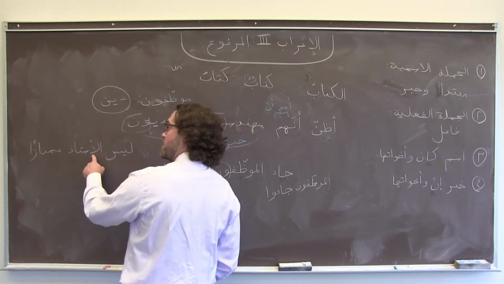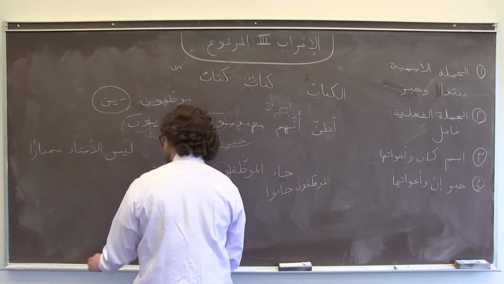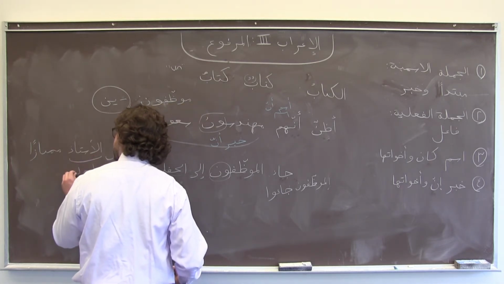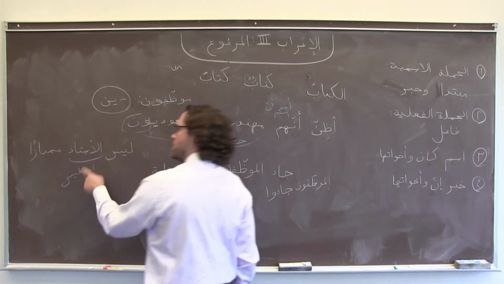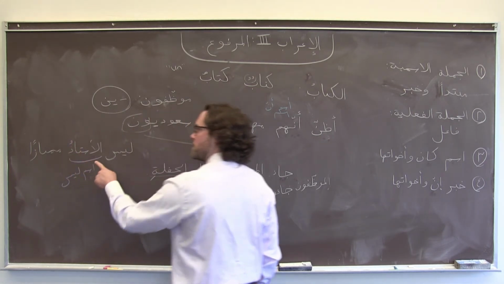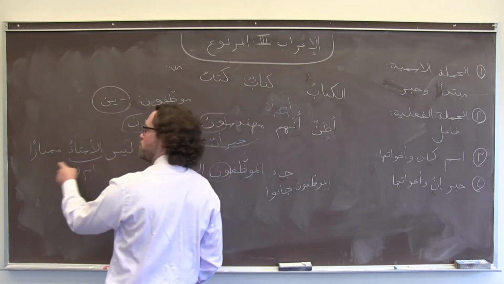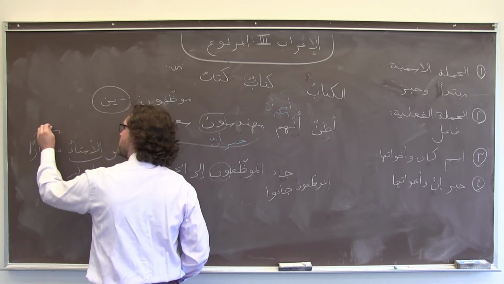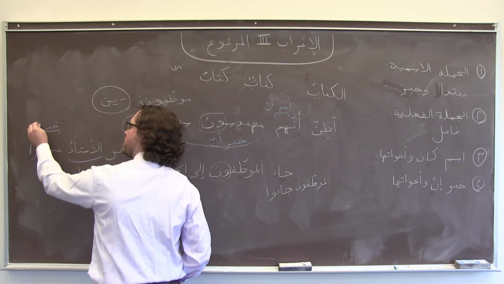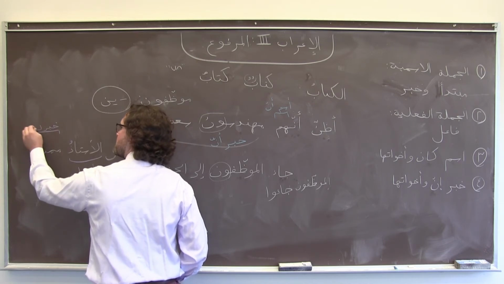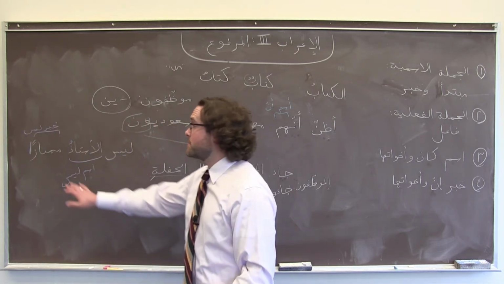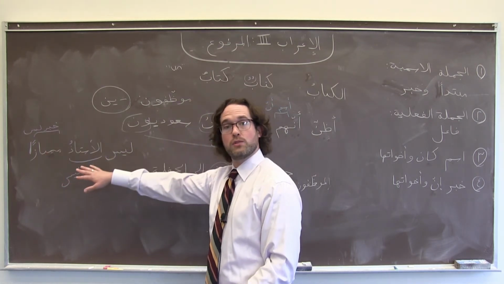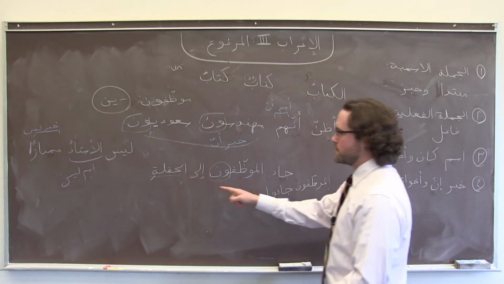And al-ustadh, because it is the ism of laysa, would be marfu'a. ليس الأستاذ ممتازا. This would be the khabar of laysa, so it would have to be mansoob. We would need a different ending there. You can go check out the video on mansoob if you want to see more about those examples.